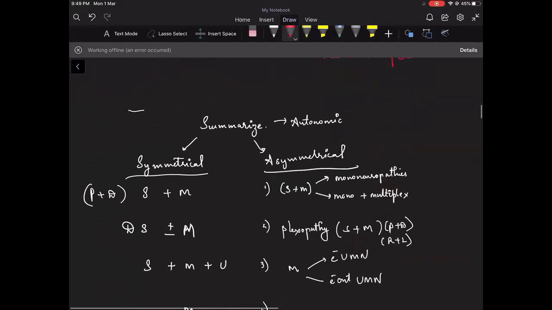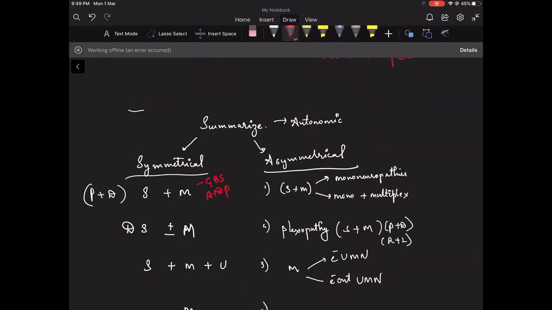To summarize, we have classified what kind of patterns are involved here. It could be symmetrical, could be asymmetrical, or could be autonomic alone. In the symmetrical, the patient might have sensory plus motor, and causes include GBS and AIDP.